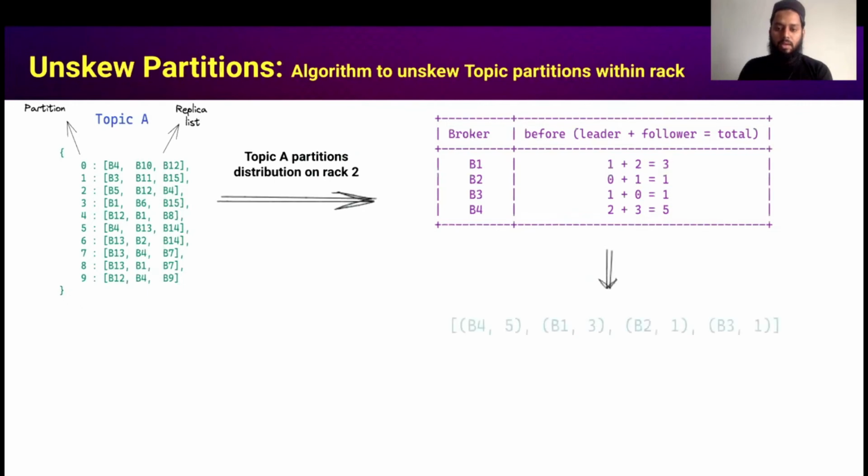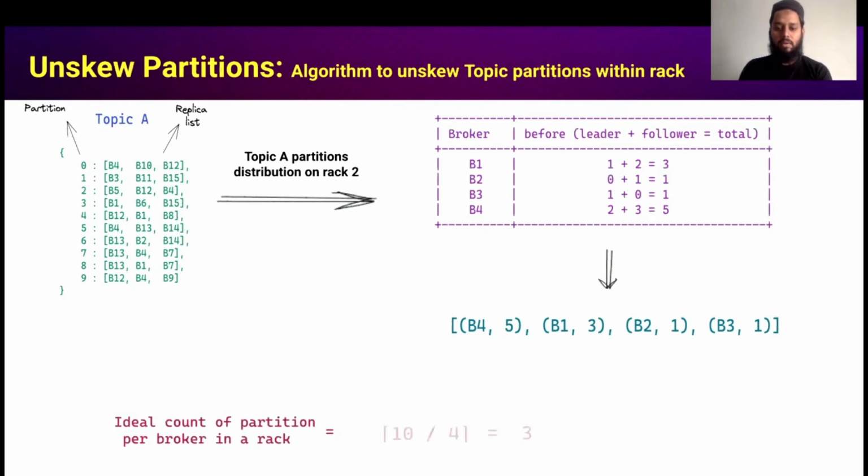We convert this into an array of tuples. The first element of the tuple represents the broker, and the second is the leader plus follower count. Now we calculate the ideal count of partitions per broker in the rack. That is the ceiling of the total leader plus follower count divided by the total number of brokers on which the topic partitions are present. In this case, it will be 3.